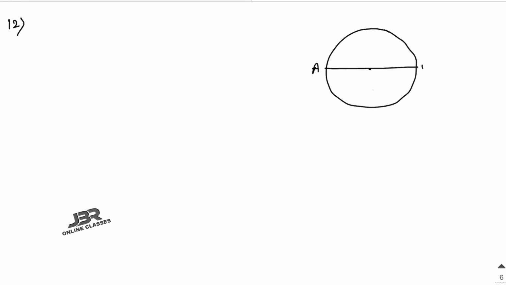Then M is a point on AB such that AM equals 18. Suppose this one is a point, that is M. So AM equals 18 centimeter, and MB equals 8 centimeter.